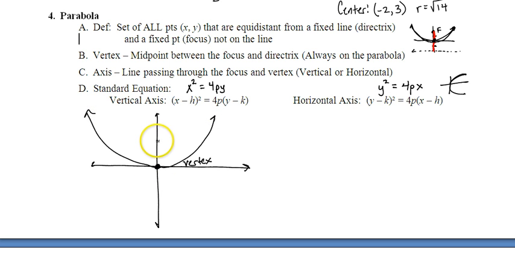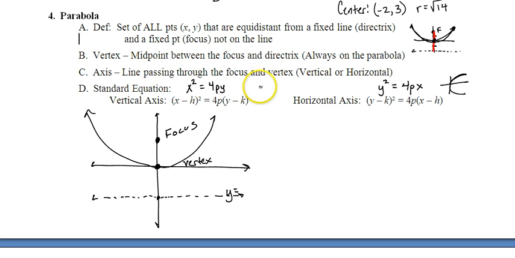And then we know that our focus point would be up here, so there's our focus. And then our directrix is a line. Your directrix has to be the equation of a line. So here it's a horizontal line, and a horizontal line would always be y equals.